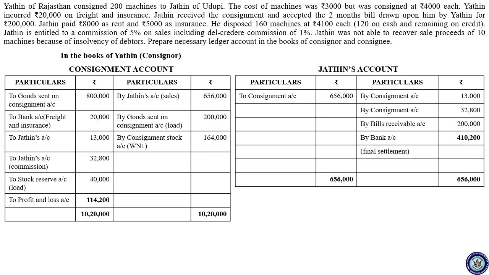So if you finished with this, then you prepare the next ledger account. There is no abnormal loss. So the next ledger account, that is goods sent on consignment account. So do it.